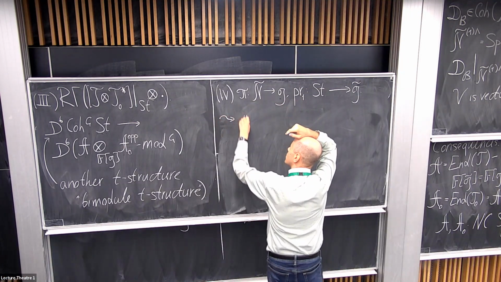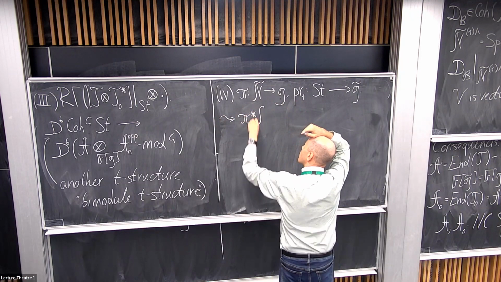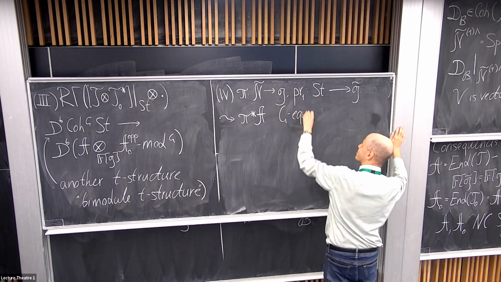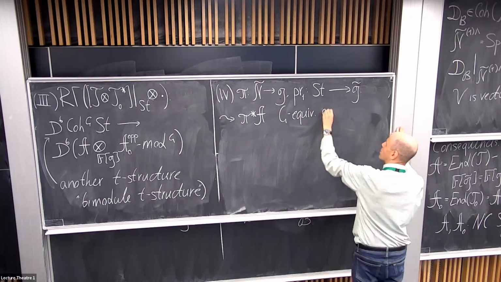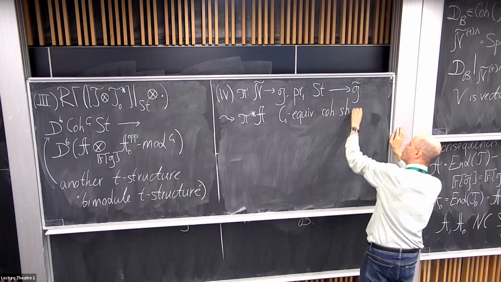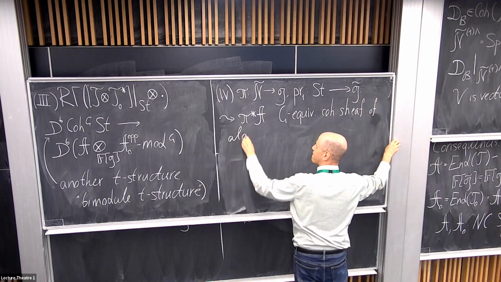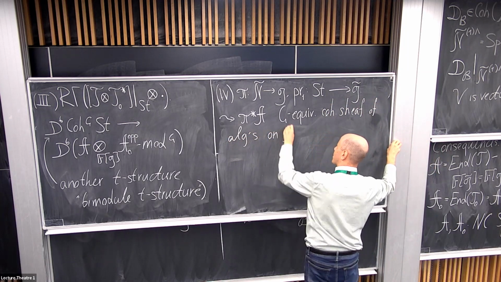What I'm going to get is pi star of A, which is a G equivariant coherent sheaf of algebras on N tilde.